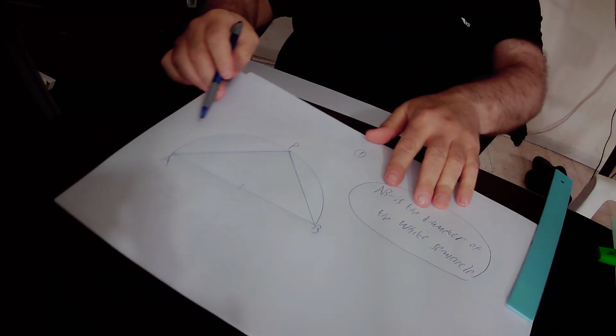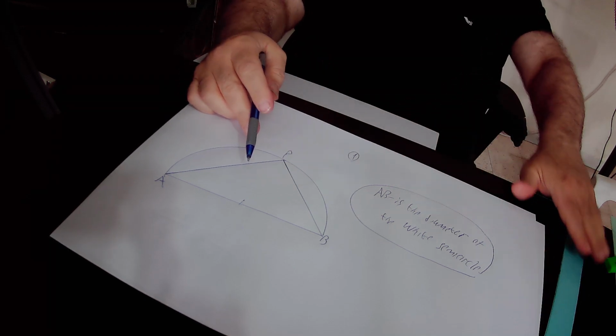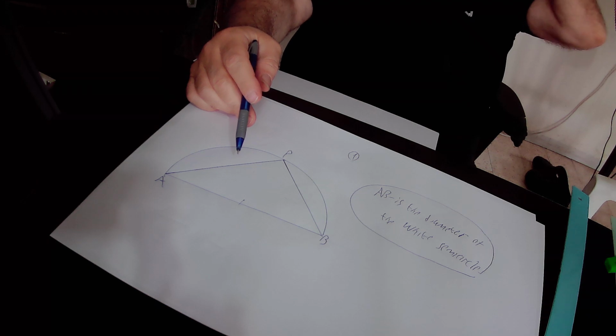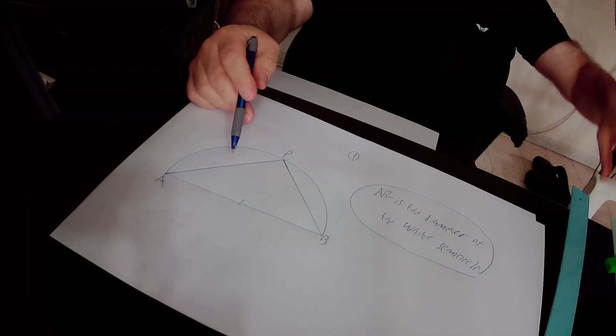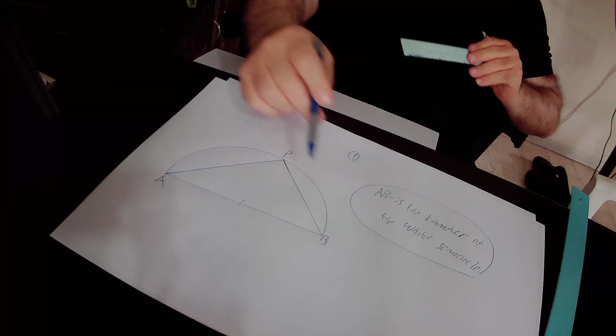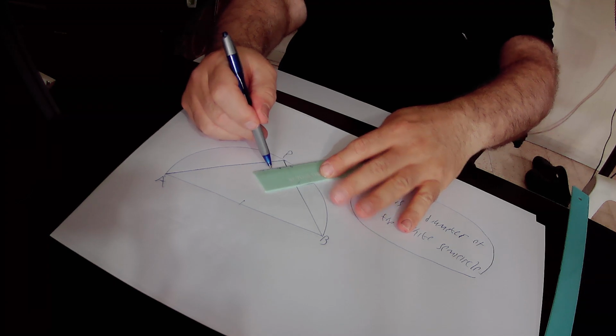This is peripheral angle APB that is subtended on AB, the diameter of this semicircle, and according to rule 7, any peripheral angle that is subtended on the diameter of the semicircle or the diameter of the circle must be equal to 90 degrees in its size. Therefore, this peripheral angle APB must be equal to 90 degrees according to rule 7.